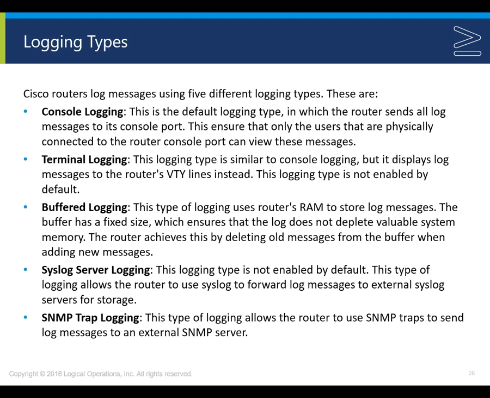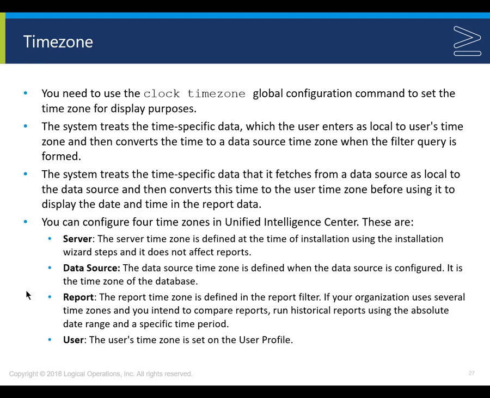So similar processes: either we can keep the logs on the device or we can send them off the device. Time zone: when we looked at the clock and NTP, we looked at some time zone settings. Use the clock timezone global configuration command in order to do that. This one's talking about the Unified Intelligence Center, a central location for collecting information.